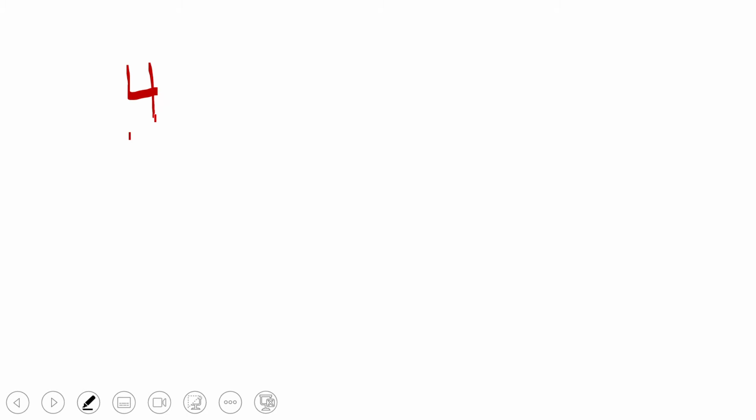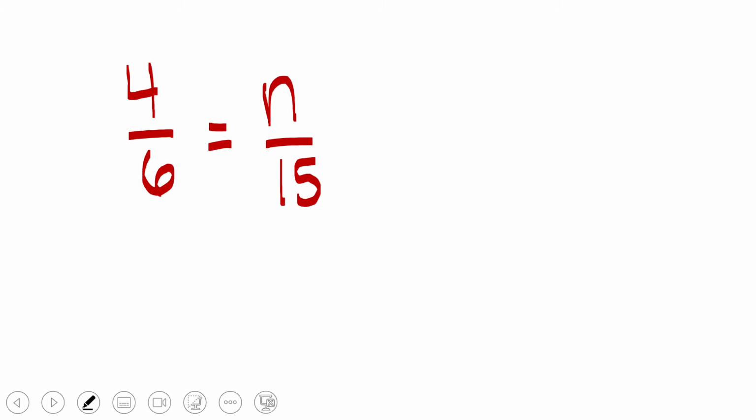To solve a problem such as this with cross multiplication, we can set our cross products equal to each other. We're going to multiply, in 4/6 equals n over 15, 4 times 15 first.